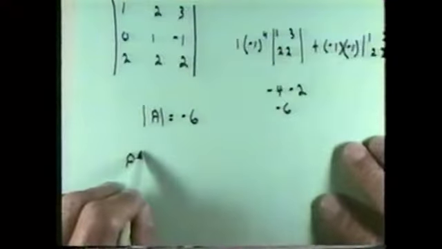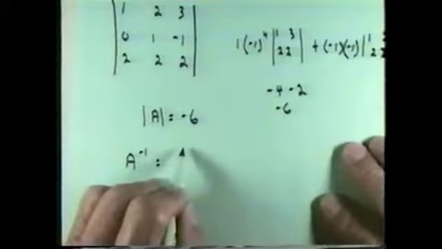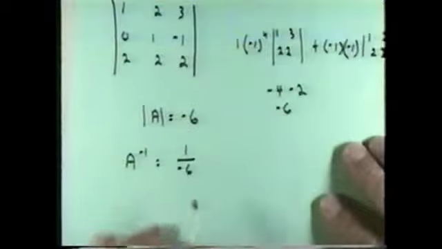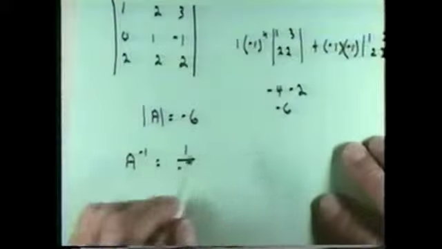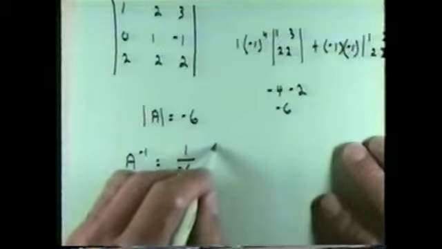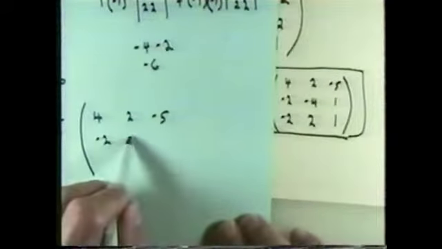So A inverse is going to be 1 over negative 6 times the adjoint, which is 4, 2, negative 5, negative 2, negative 4, 1, negative 2, 2, 1.